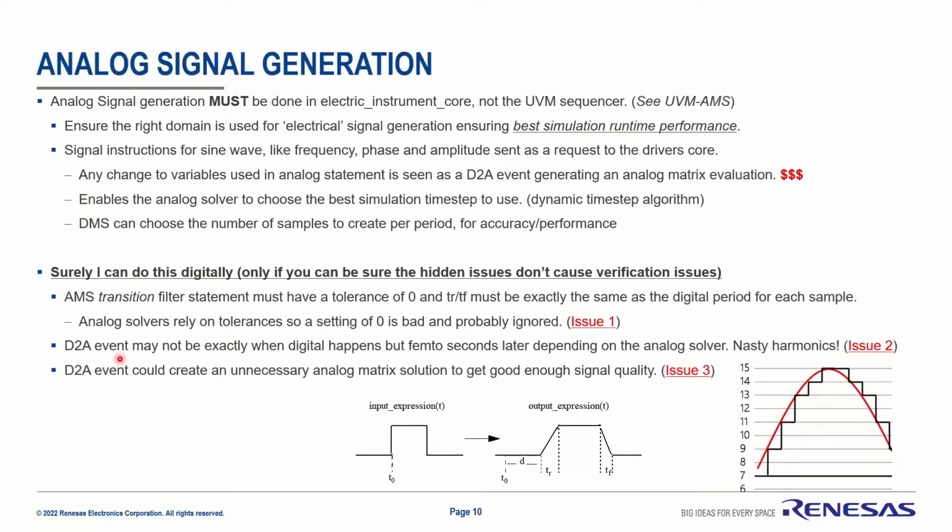You've just now put a nasty harmonic into your sine wave. And finally, the D2A events just can create unnecessary analog matrix solutions. So you could be actually causing the analog solver to go and solve the matrix every nanosecond when actually it's going, I can do it every 20 nanoseconds and still get a good enough accuracy, but you've told me I must do it every nanosecond.